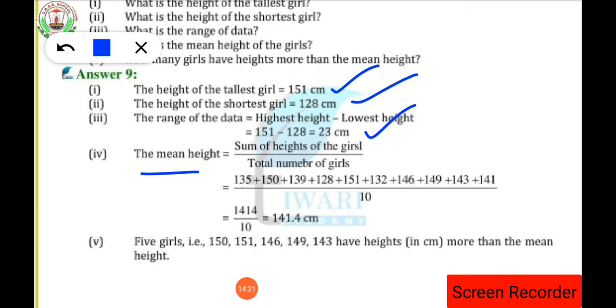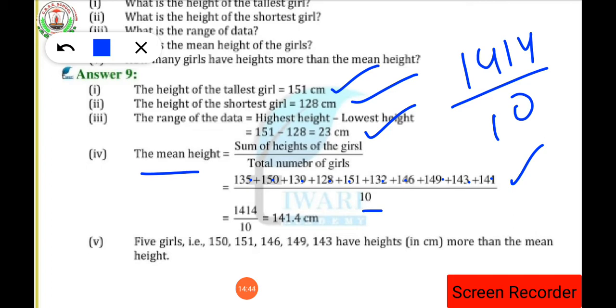So the arithmetic mean is equal to the sum of heights of the girls upon the total number of girls. All the heights are added and divided by 10, because there are 10 girls: 1, 2, 3, 4, 5, 6, 7, 8, 9 and 10. So what will we get? 1440 divided by 10.